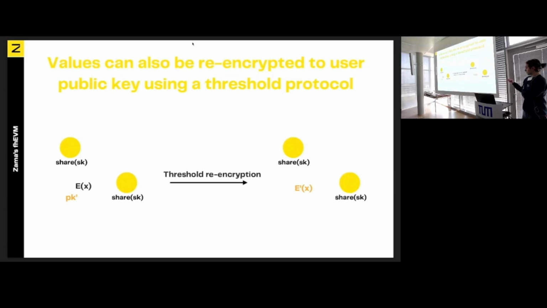Now, the threshold protocol takes PK prime and E of X and engages in a threshold re-encryption protocol in which they produce E prime of X, which is X encrypted under the public key PK prime, all the while never learning the value X itself. So X is kept secret from the blockchain network, from the MPC network, and also in transit, coming back to the user, it's secret, and only the user who generated PK prime, which is just a classical libsodium public key, can decrypt the re-encrypted ciphertext.